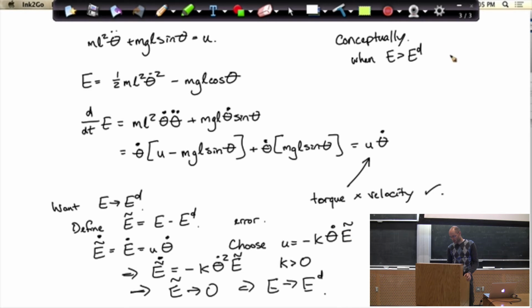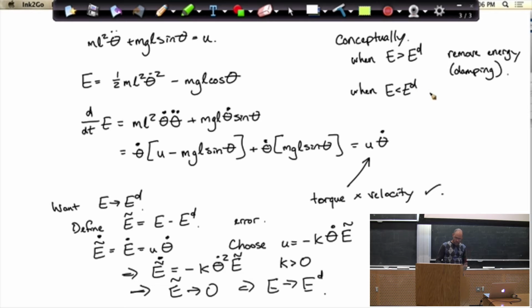So you're going to basically remove energy. In fact, you look like a damper. And when the energy is smaller than the desired energy, I'm going to add energy. Okay, very simple controller.